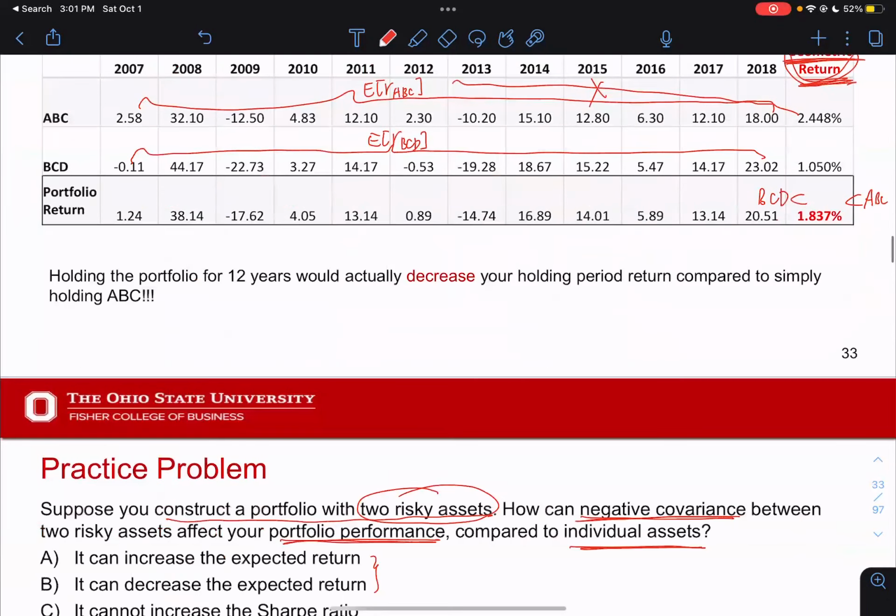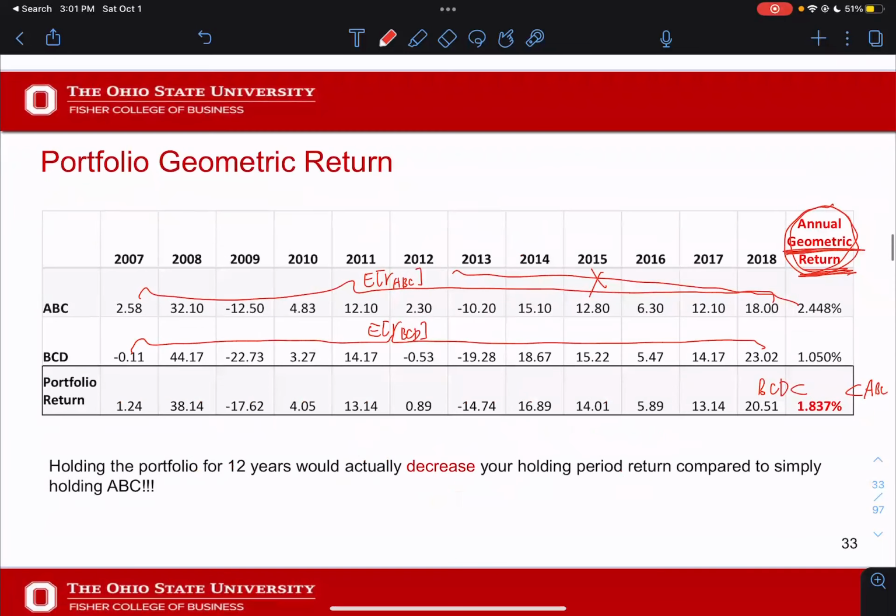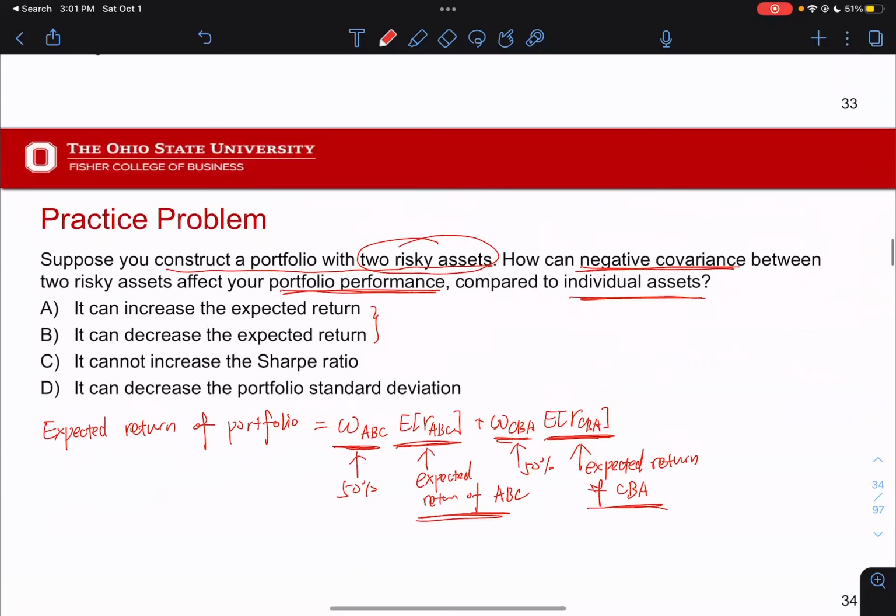Then what your portfolio return will be is simply just 50% times ABC expected return plus 50% times CBA expected return. It has nothing to do with the volatility because these two items are just a simple average arithmetic return.